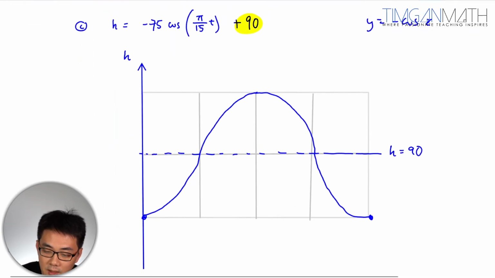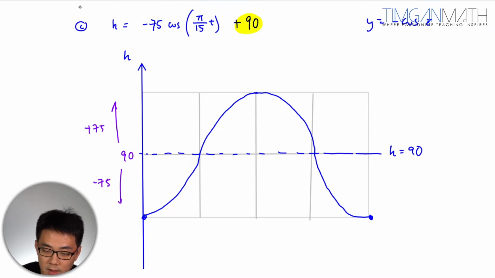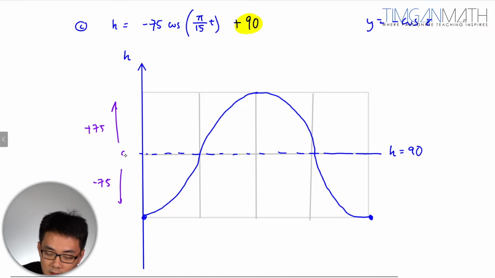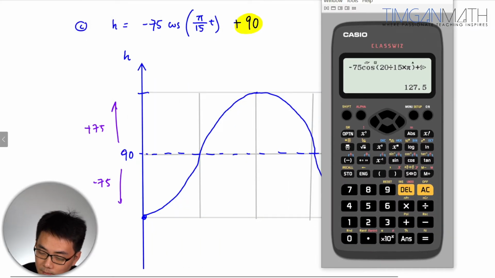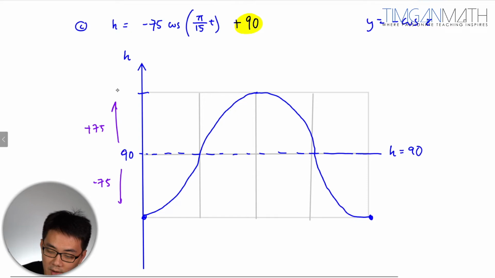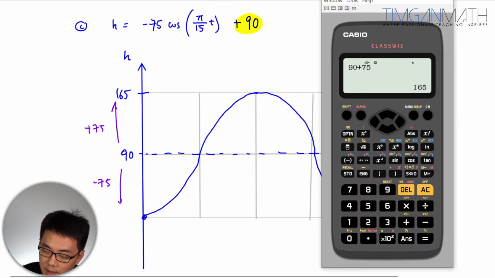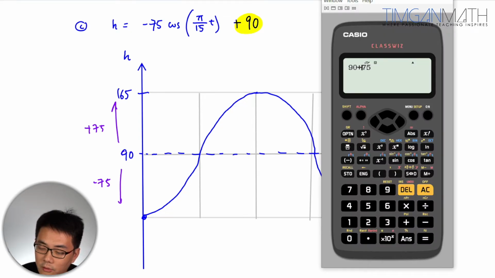So in this case, what you need to do is just, if this is 90, this is negative 75, this is plus 75. Okay, so in this case, what we get is actually just 90, and this 90 plus 75, there will be 165, and 90 minus 75, of course it's 15, right?